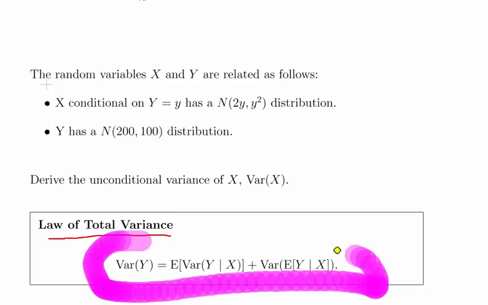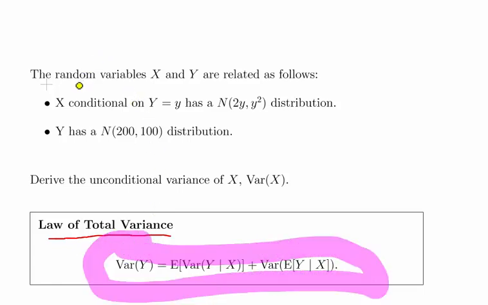So what we're going to do here is look at these two variables. The random variables X and Y are related as follows. X, conditional on Y equals y, has a mean of 2y and a variance of y squared.